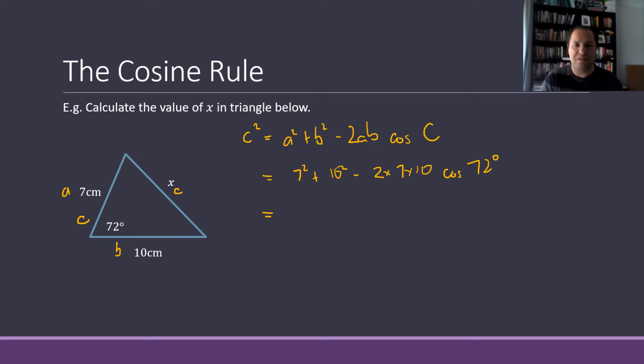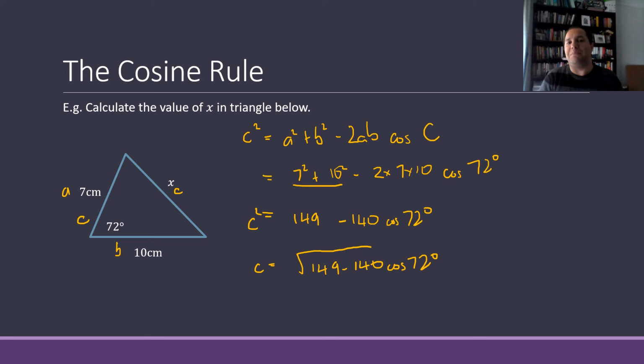So that's 149, which is 7 squared plus 10 squared, minus 140 cos 72 degrees, and that's c squared. So to find c, we can do the square root of 149 minus 140 cos 72 degrees.